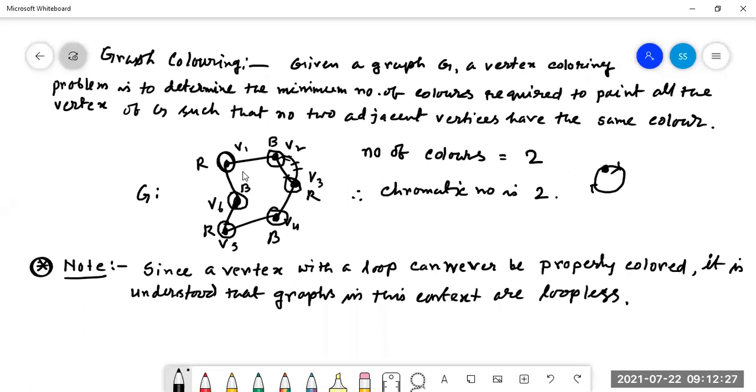Simple graph means the graph is loopless and there are no parallel edges. Because if there are parallel edges or a loop, we cannot satisfy the condition that no two adjacent vertices are in the same color. It cannot be done. Is it clear to everybody? Yes, sir.